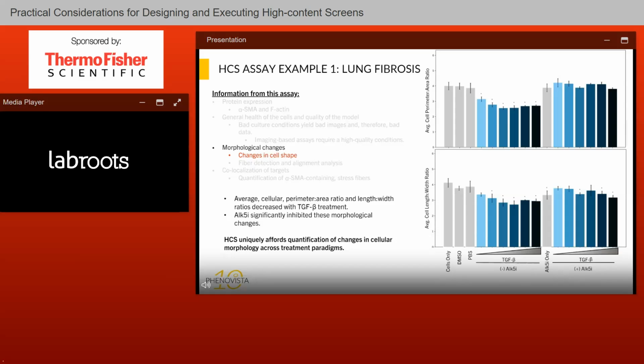And you can see that perimeter to area ratio is diminished in the presence of TGF-beta. There are lots of different ways to measure cell shape, lots of different metrics. Things like convex hull area ratio is another one that's quite popular too. But here, length width ratio is one that can similarly be used and shows a reduction that can be suppressed by blocking TGF-beta with ALK5I.